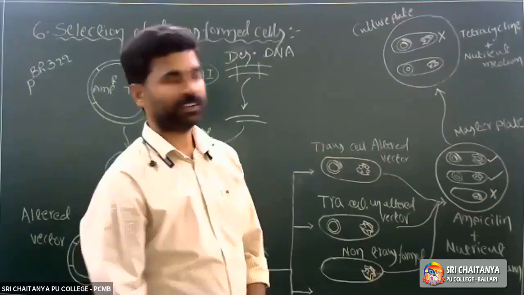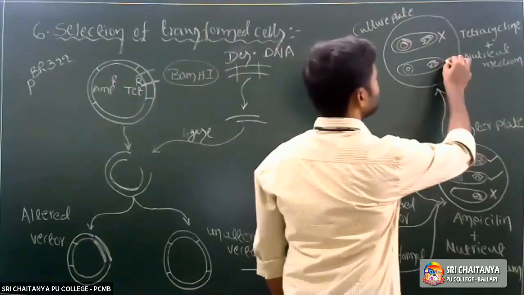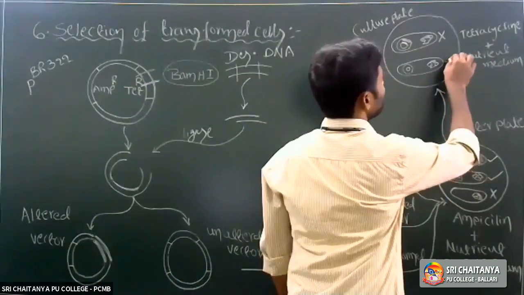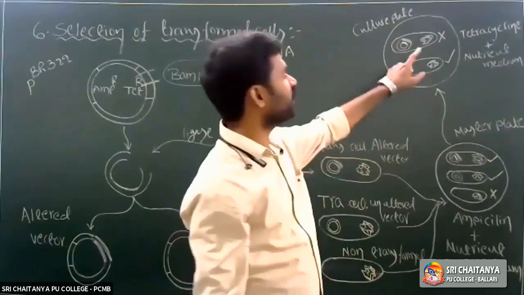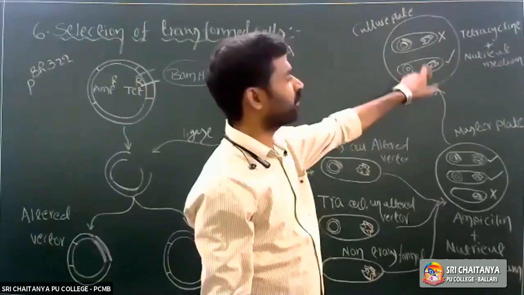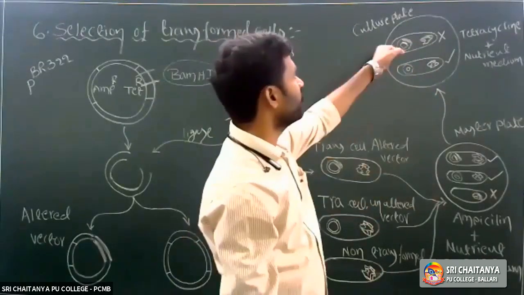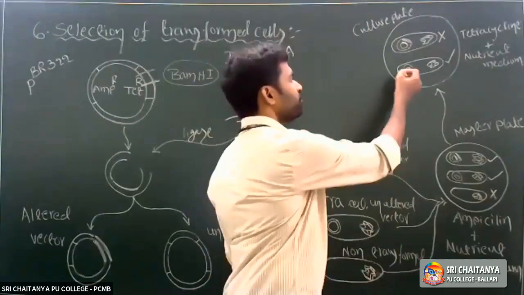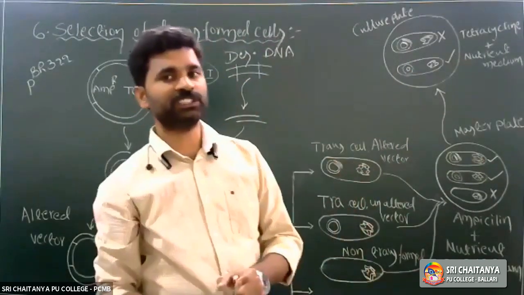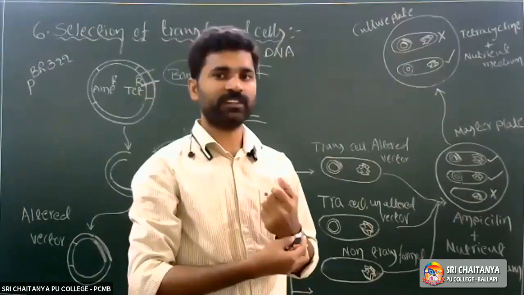Then in the second condition, the transformed cell with unaltered vector can survive in tetracycline nutrient medium. Why? Because it has both the tetracycline resistant gene and the ampicillin resistant gene.